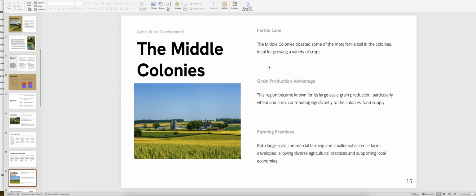So what are the middle colonies? This would be from north of Virginia all the way. So this would be largely Maryland, Pennsylvania. No, I mean Pennsylvania and Maryland.